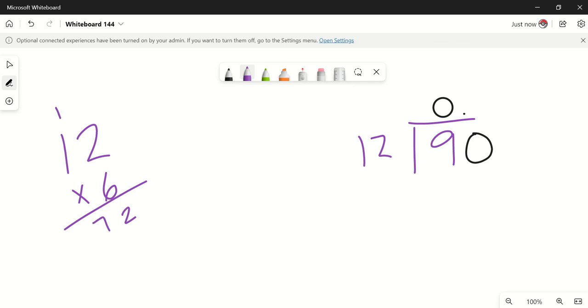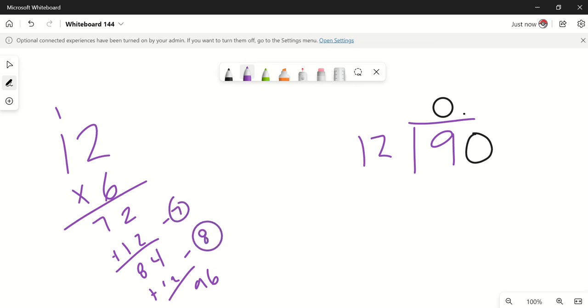If I add 12 more to this, I'll have 84. If I add 12 more to that, I'll have 96. Ooh, no, it's not. Sorry, this is 90, not 96. Made a mistake. It'll go in 7 times, which will be 84.